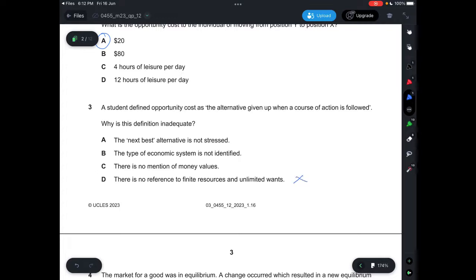So D is not correct. C says there's no mention of money values, which is also not correct. B says the type of economic system is not identified, which is not correct because that's not what you do with the definition of opportunity cost. The best answer would be A, as the next best alternative is indeed not stressed, because it says the alternative given up when the course of action is followed. So A is the answer.